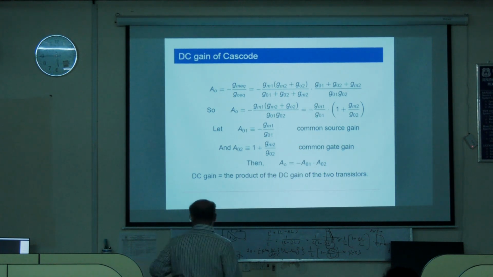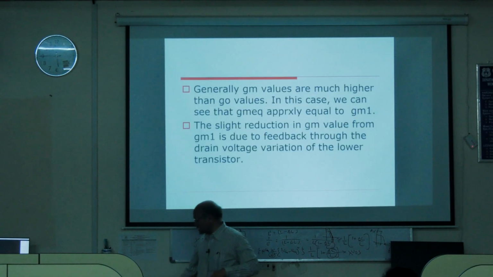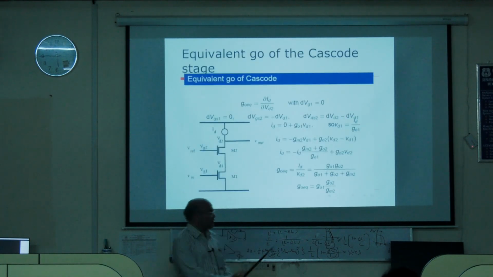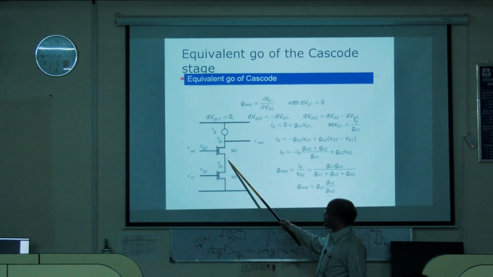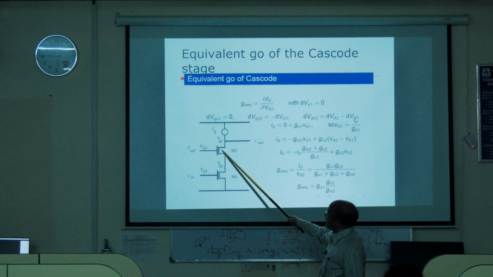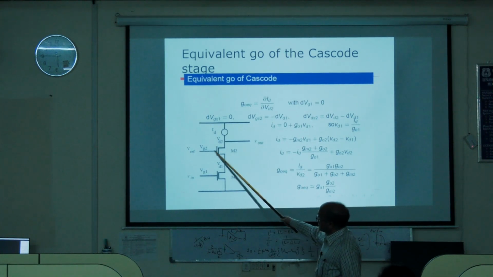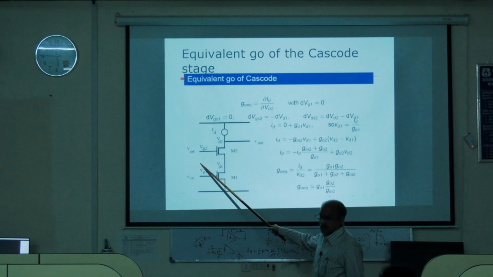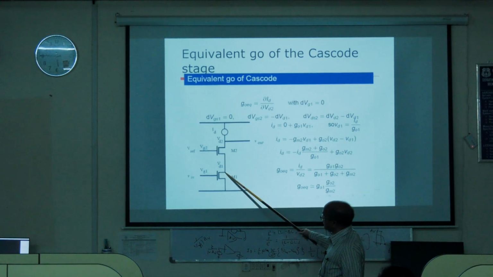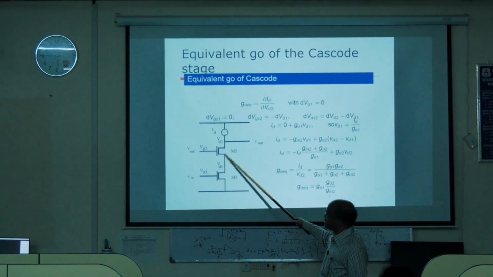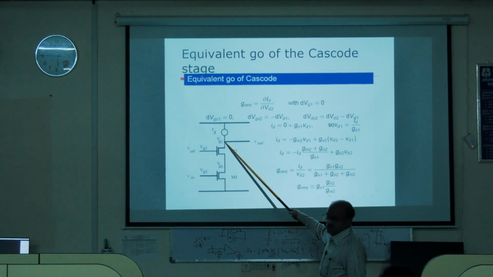I just have to mention that this cascode is a combination of a common source and a common gate. The source is common between the input and the output in the first, and in this one the gate is a small signal ground because only DC is there. So where is it taking input? It takes input at the source and delivers output at the drain.